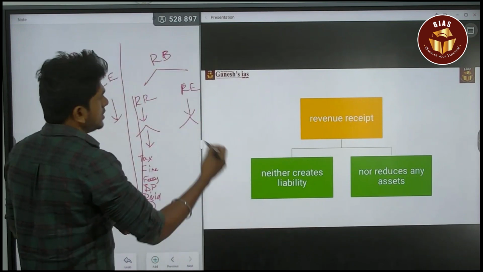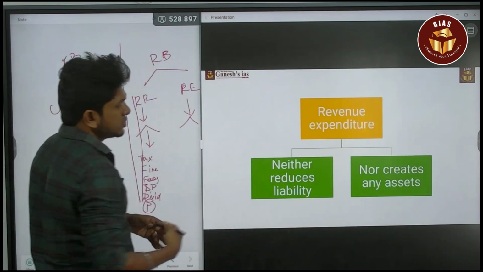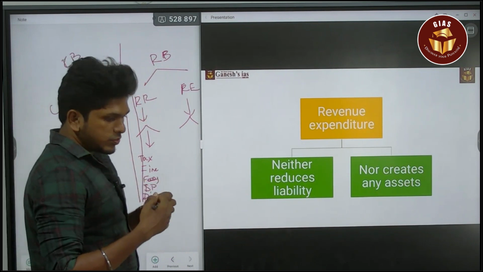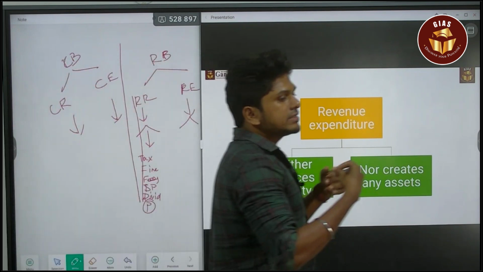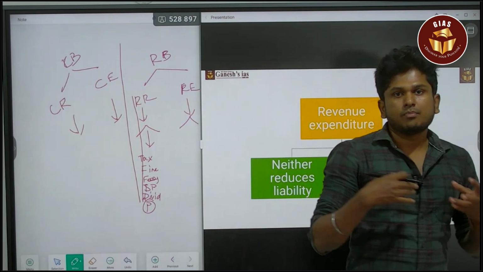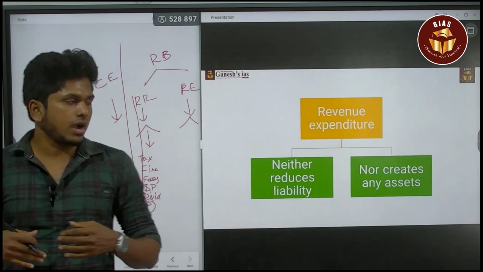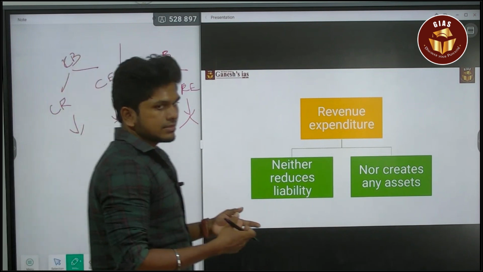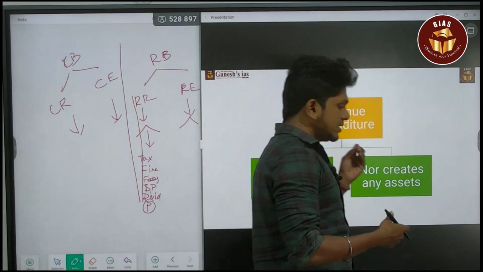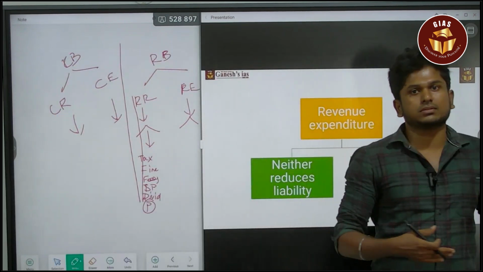And when it comes to the revenue expenditure, revenue expenditure means that you are spending certain money, okay, but that money won't reduce any liability and also not create any asset. So that is called as revenue expenditure.